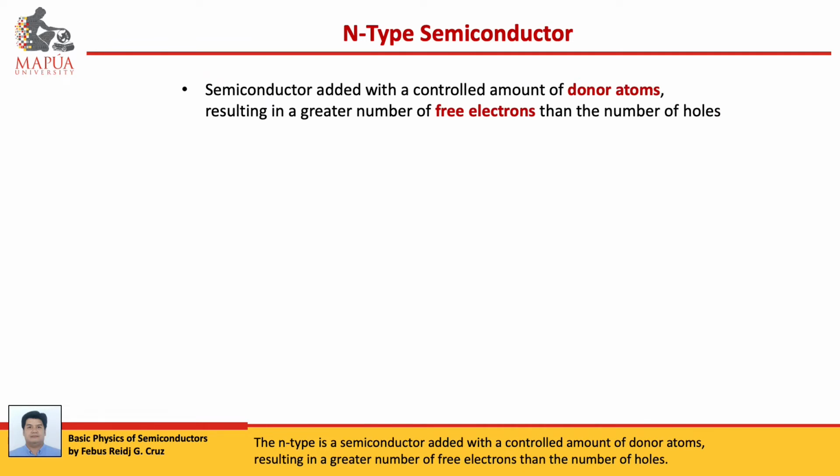The N-type is a semiconductor added with a controlled amount of donor atoms, resulting in a greater number of free electrons than the number of holes.